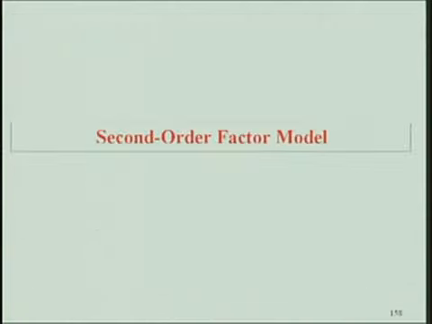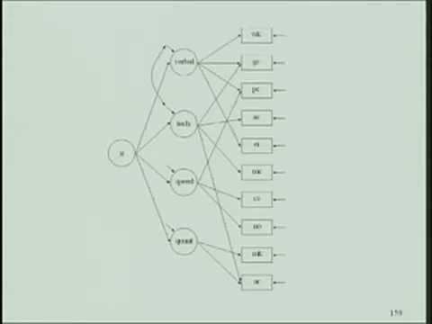Now, there is a close cousin to this model called the second-order factor model. Both of these factor models are quite interesting in practice. It would look like this. The tests here are now from the ASVAB.